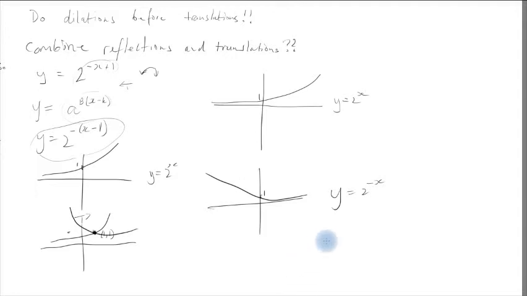And then we put in our translation now, so it's just been shifted this way, and that's much easier. This point becomes, instead of 0, 1, it becomes 1, 1, and it looks like that. We've still got to find this point, but you get the general idea.